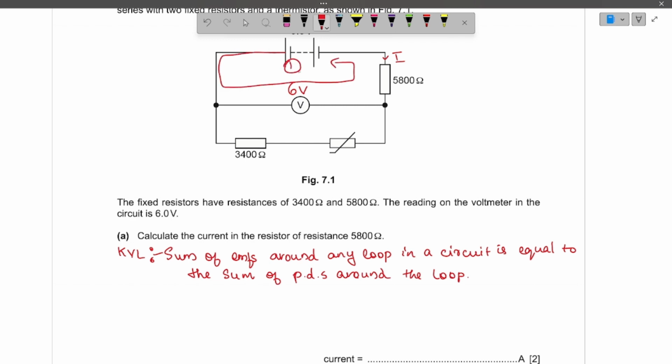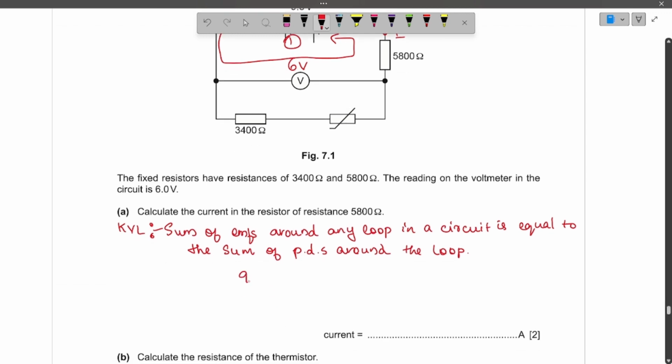So in this, what is the sum of EMF? There is only one EMF here, which is 9.6, which is equal to the potential difference. There is a potential drop on this voltmeter, which is 6, already given, plus the potential drop on this resistor, what you need to find out. So voltage formula is current multiplied by the resistance.